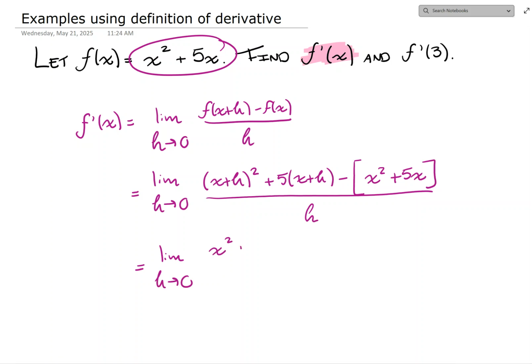So this first chunk, x squared plus 2hx, don't forget the 2, plus 5x plus 5h minus x squared minus 5x.